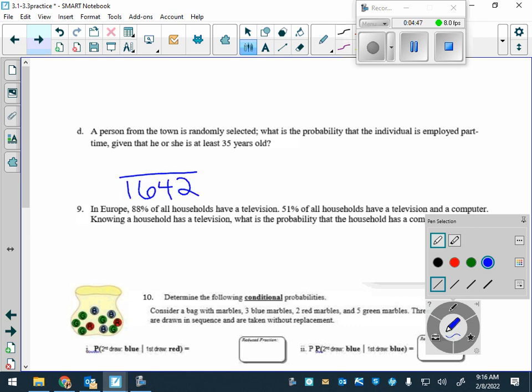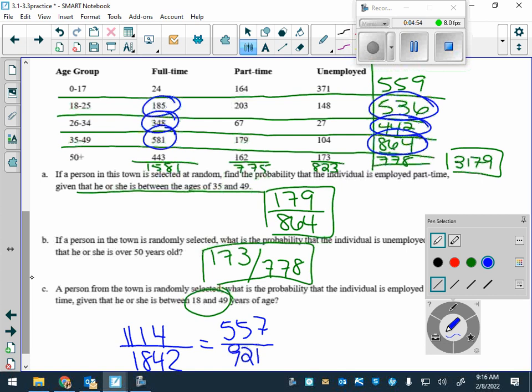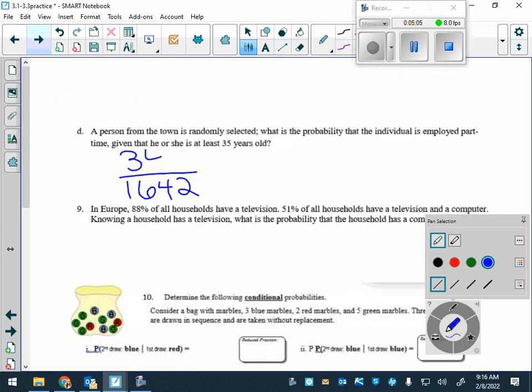There's 1642. At least 35 years old, employed part-time. So, at least 35 are these two here. You see what you did? 179 plus 162 gives you 341 over 1,642. Okay? So wherever you see that word given, whatever comes after it is your denominator.